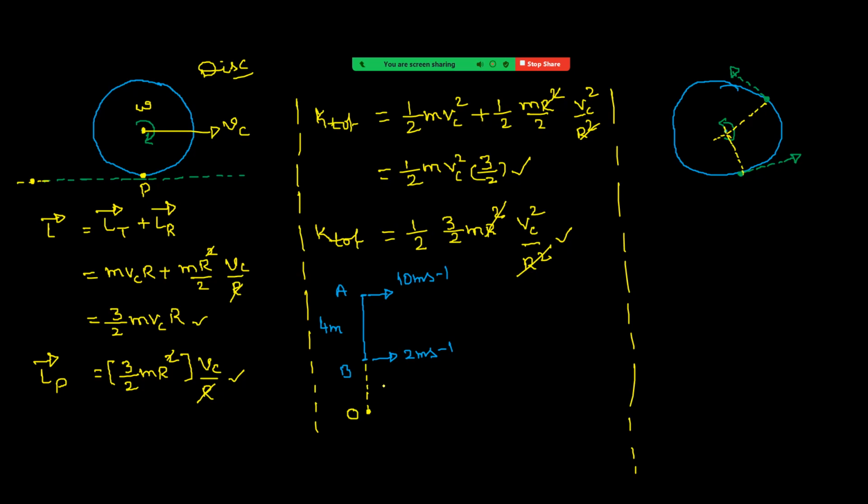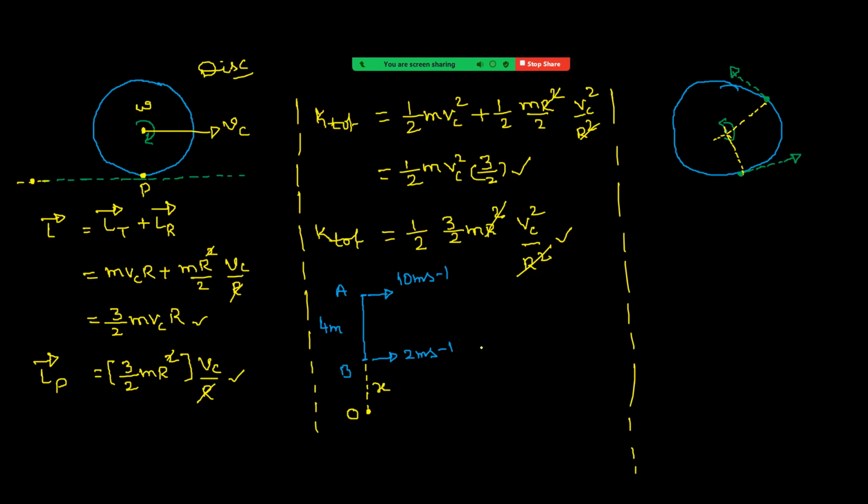Suppose its distance from B is x, which we want to calculate. You can take this just like a rod of length OA, length equal to 4 plus x, whose one end is fixed. It is now rotating about one of its ends. The question is just like that. So now we want to find the distance of this point O.